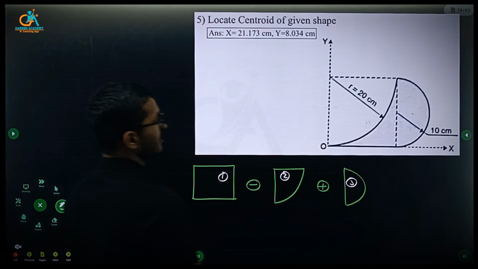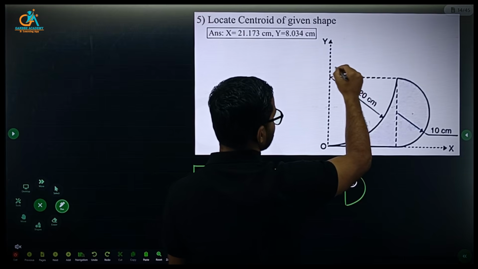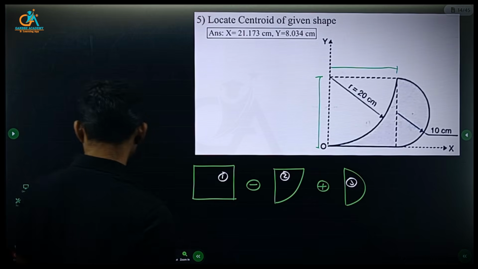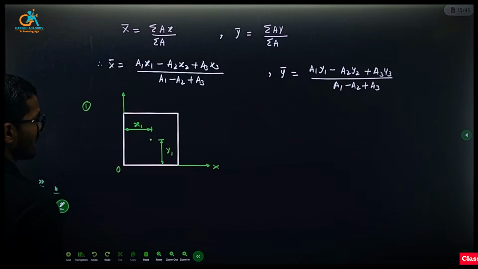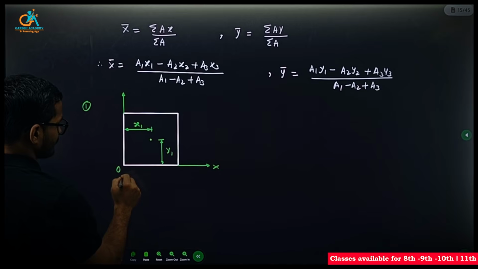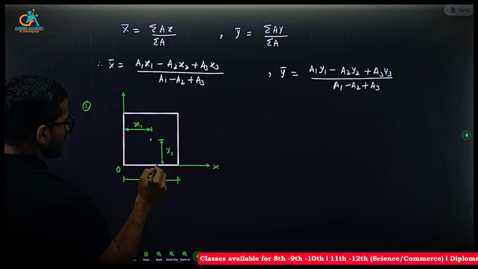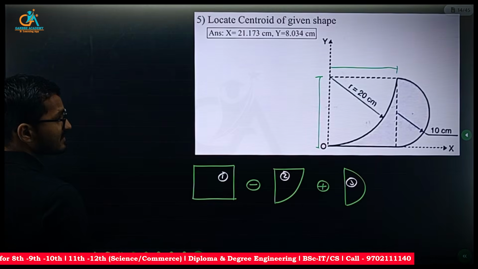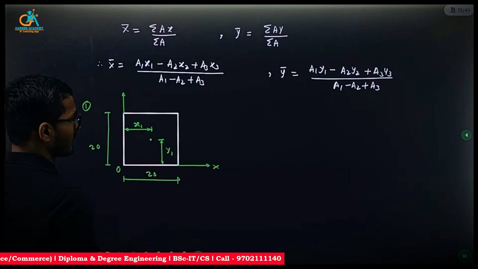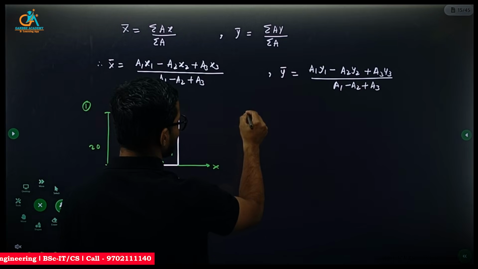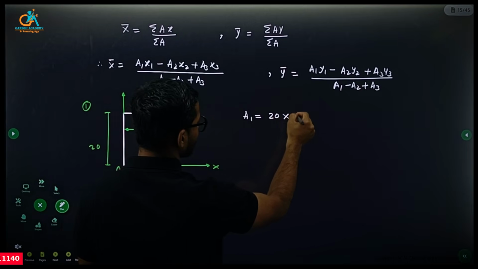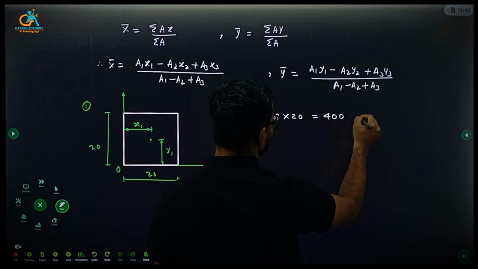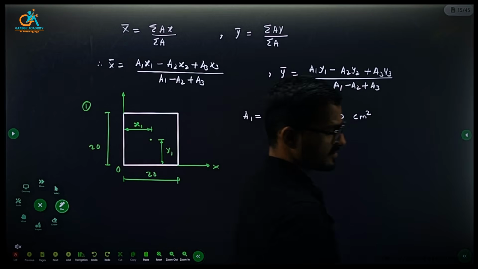So first, here the radius is 20, right? This means this is also 20. This is also 20. So it is actually a square of size 20, and the unit is centimeter. Okay. So area for this diagram, क्या रहेगा, area 20 into 20, 400 centimeter square.